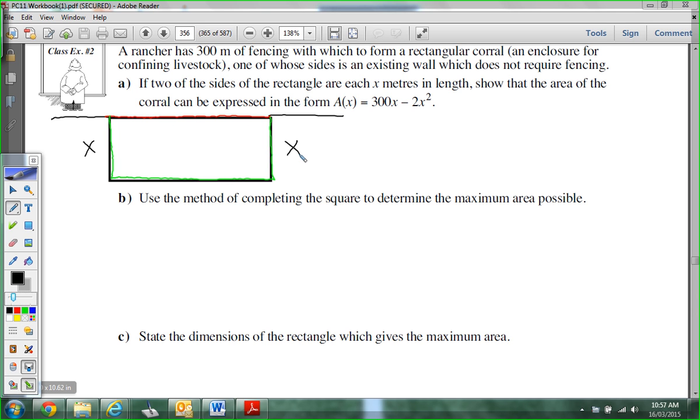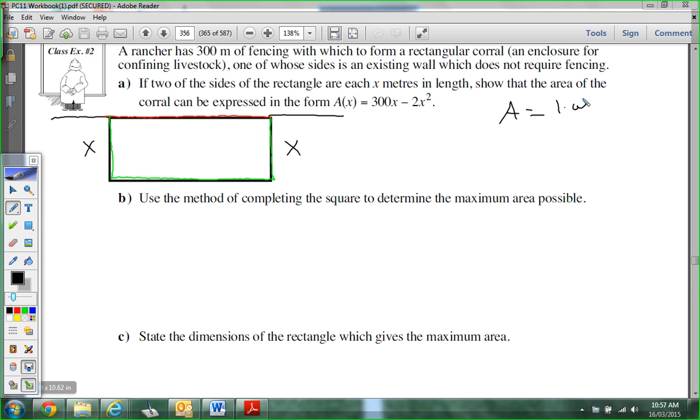Well, remember, we know the area of a rectangle is still length times width. Even though we only have one length, it still has an area. So how can I figure out the length of this side in terms of x? How much fencing do we have? 300.